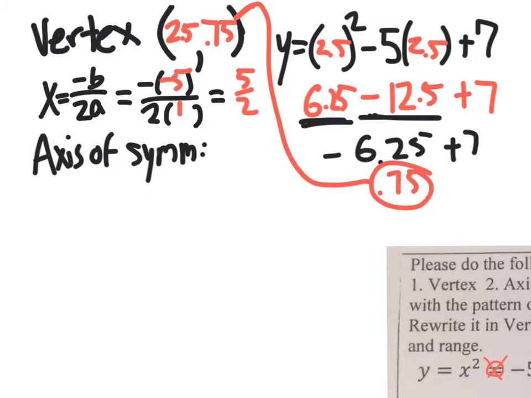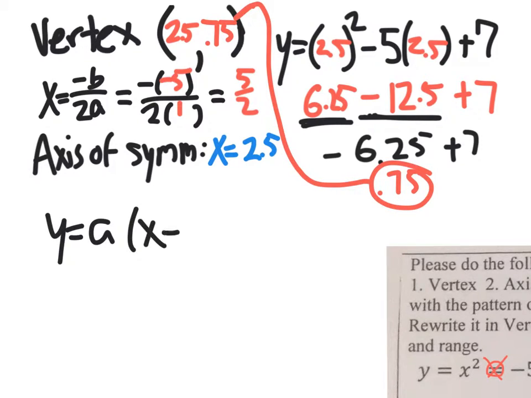Okay, so the axis of symmetry, once again, is x equals the x value of your vertex, 2.5. And you might as well throw in vertex form. Vertex form is y equals a times parentheses x minus h squared plus k. So our vertex form equation will be y equals a.